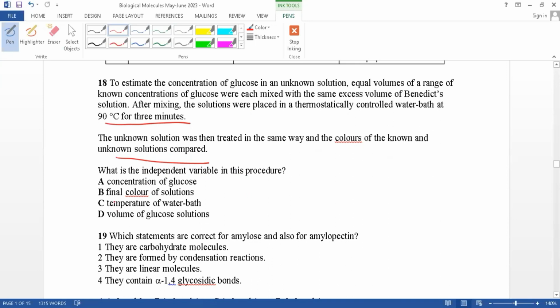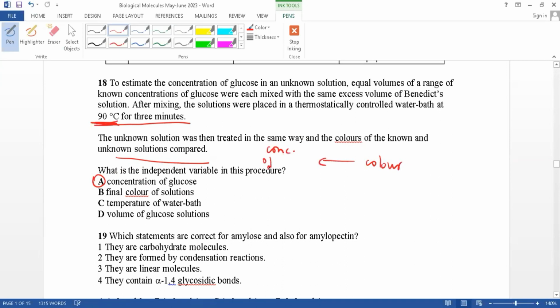Temperature we have already decided, 90, so that's not independent. The color change does not depend upon the temperature, because the temperature for Benedict's is always 90. Concentration of glucose is the independent variable, because the color is dependent on the concentration of glucose.